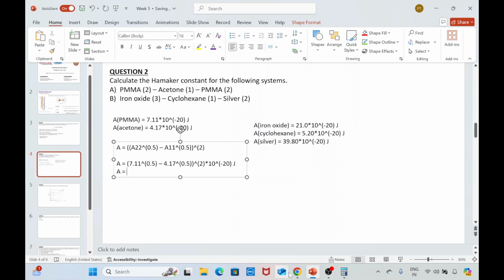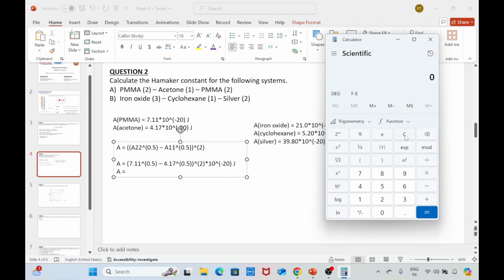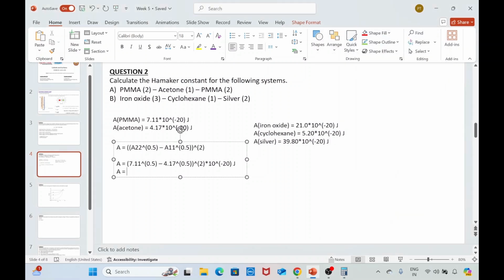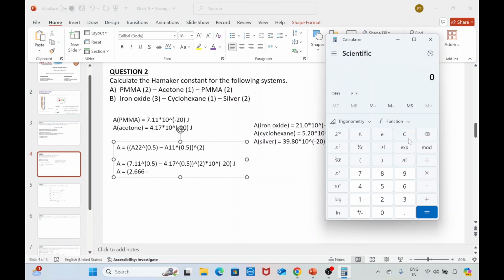7.11 whole power 0.5 minus 4.17 whole power 0.5. So 7.11 to the power 0.5 is 2.66, let me take it to 3 decimal places. And 4.17 whole power 0.5 is 2.04.